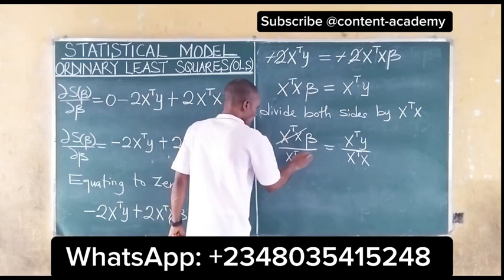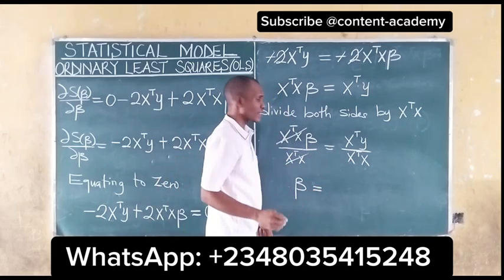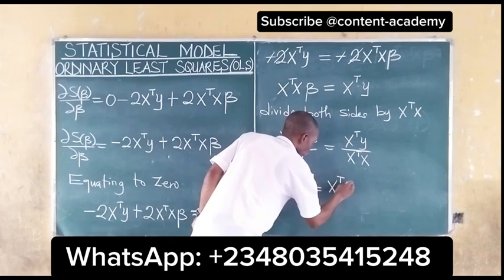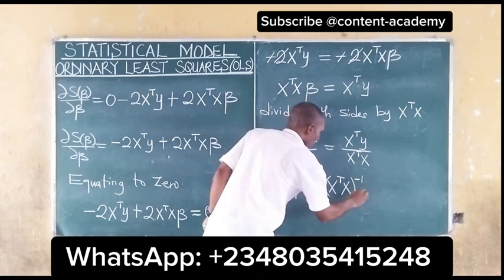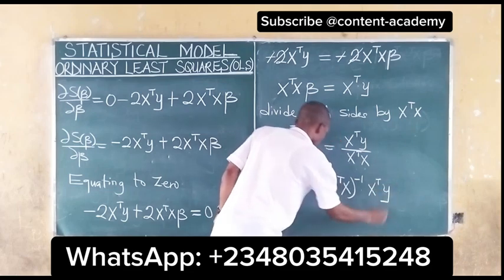So of course this will cancel this. So we can write our b, and from indices we can write this to be x transpose x inverse multiplied by x transpose y.